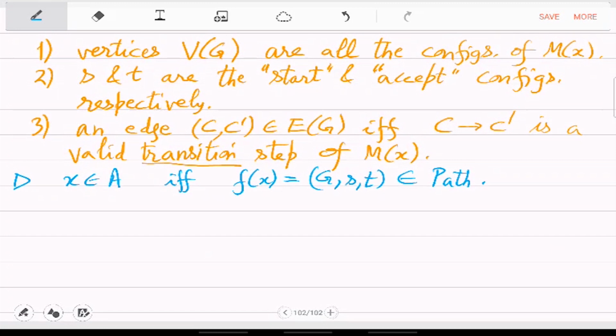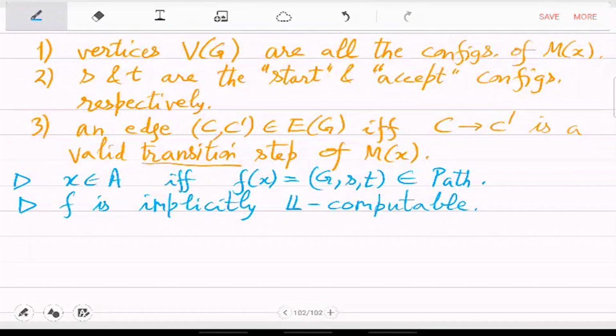The other important thing is how fast you can compute F. So that's the claim, that F is implicitly L computable. Why is F implicitly L computable? The idea is that first the list of vertices is L computable.